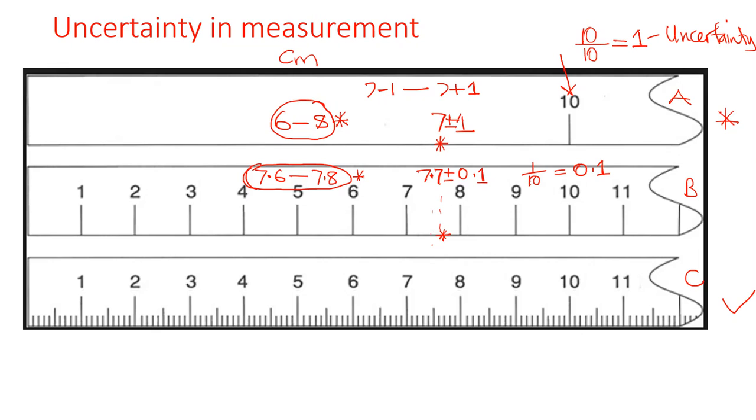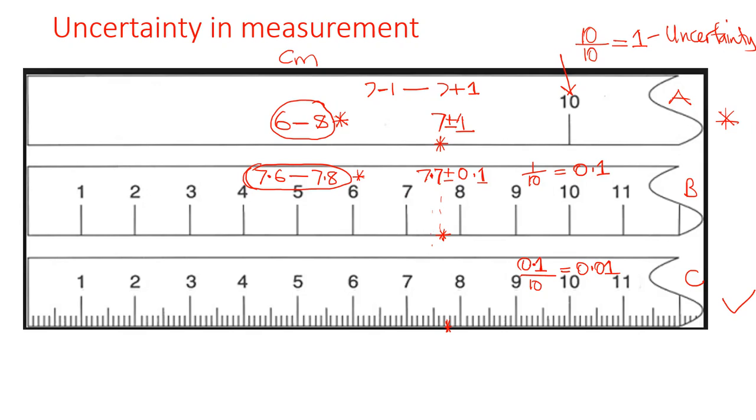Now let's take the same measurement, but now we put it here, and see how it works. Now for this one, the smallest division is 0.1. So you just divide the 0.1 by 10, and then you get 0.01. That will be your uncertainty.